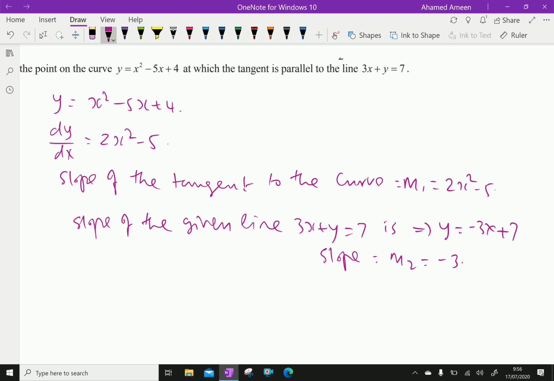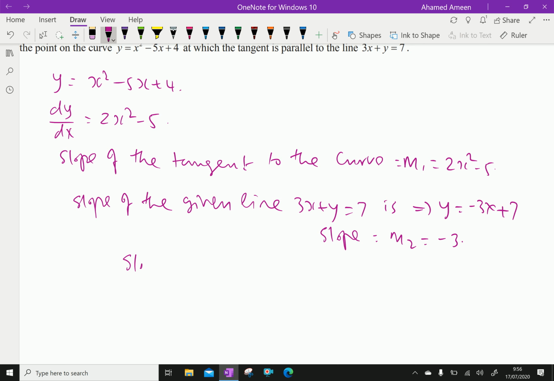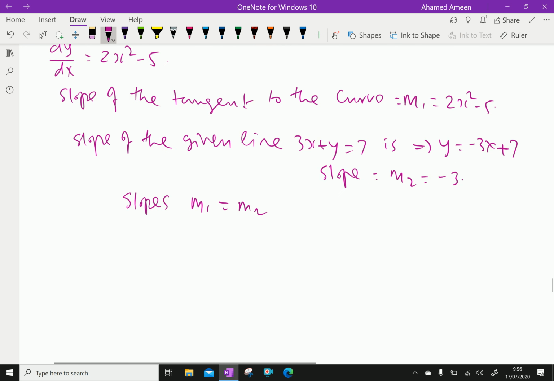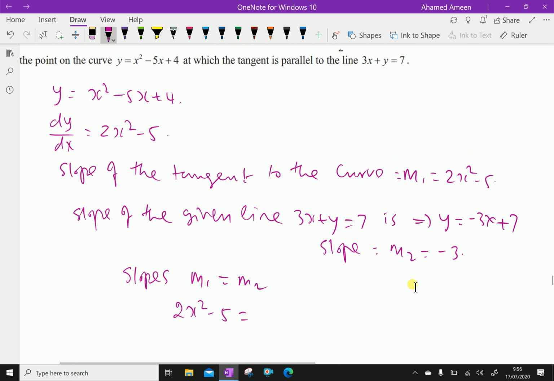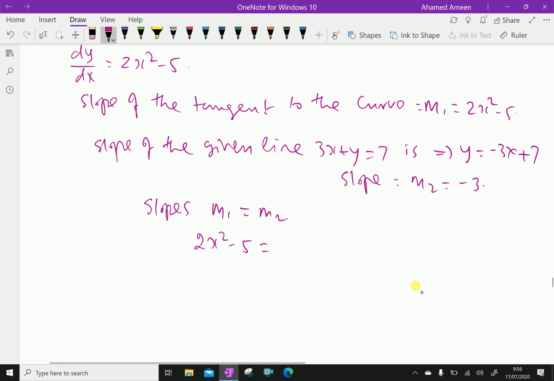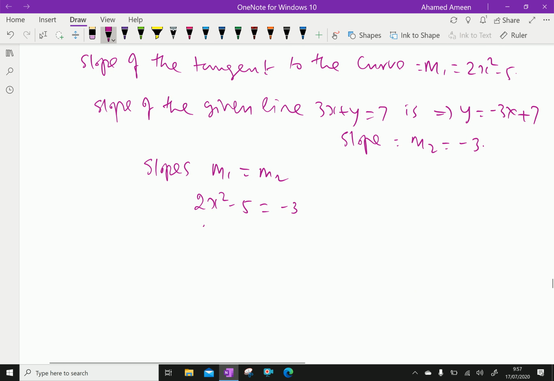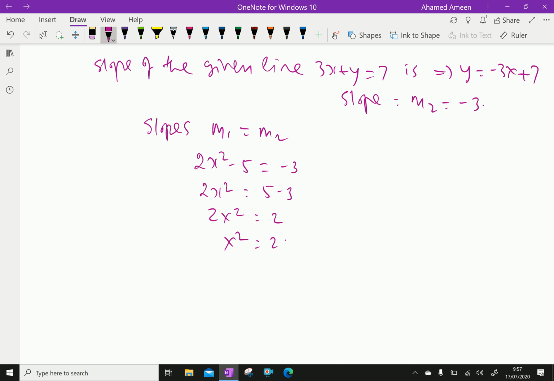Here both lines are parallel, therefore slopes are equal. Slopes m1 equal m2, therefore we have 2x minus 5 is the slope of the curve and slope of the line is minus 3.